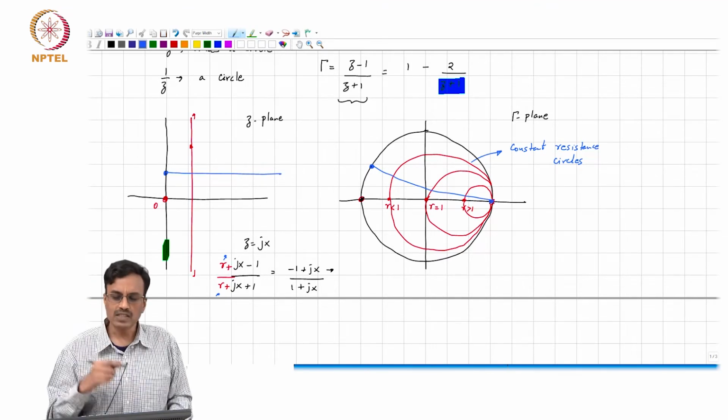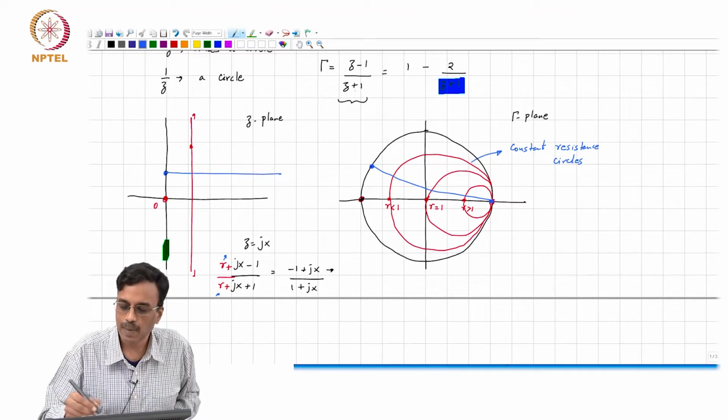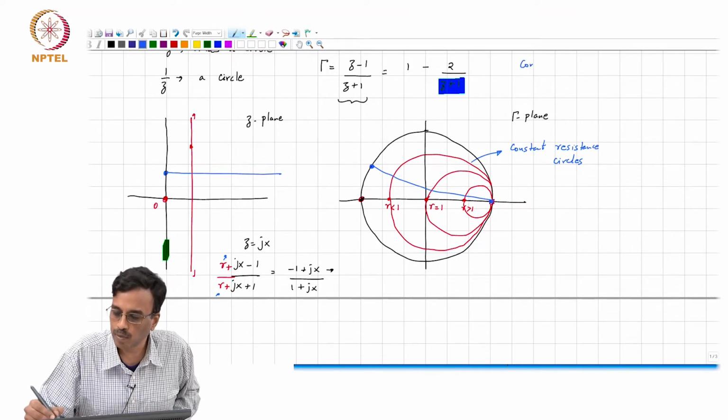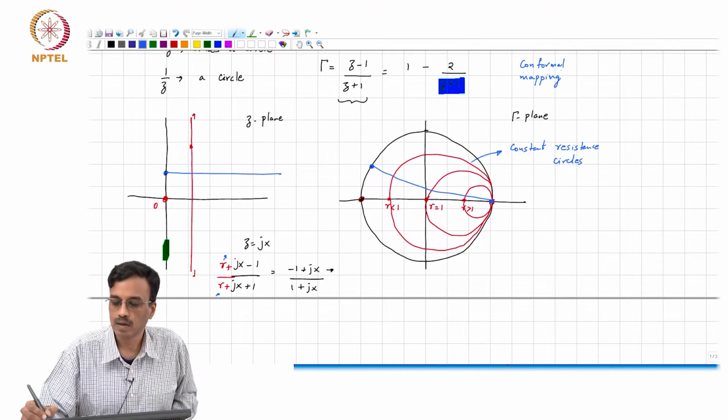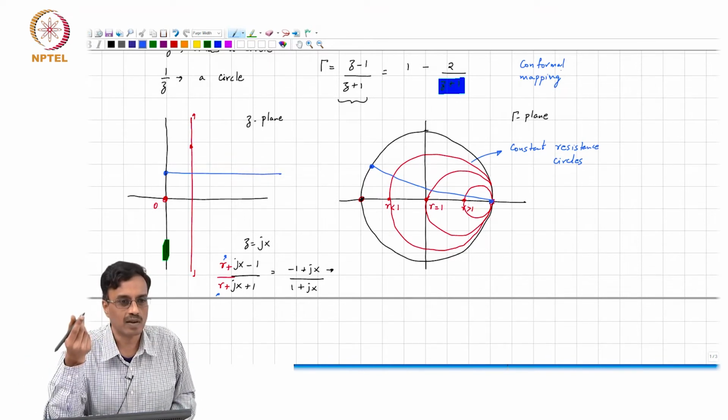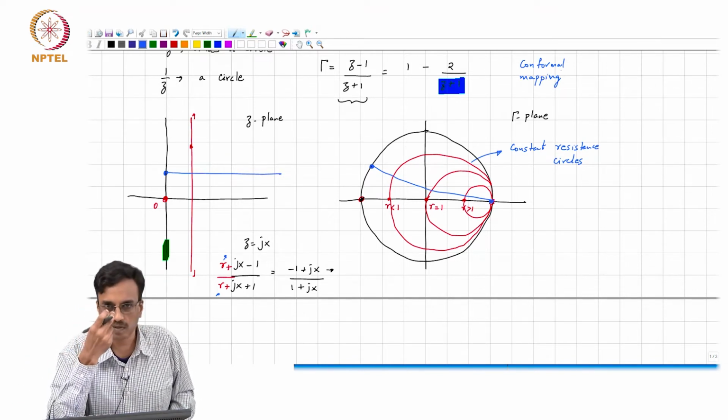I'll tell you why it goes like a circle like this. It turns out that a bilinear mapping is also what is called a conformal mapping. Any of you who has done a complex analysis course has probably seen this before.